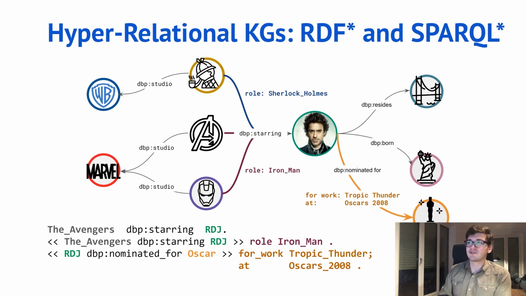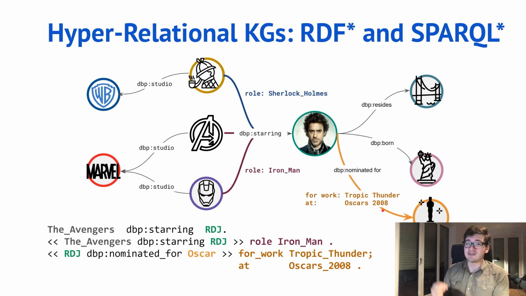So on the bigger picture, what RDF-star will allow us to do is to create more expressive knowledge graphs going away from triples. So here we can, for instance, assign more arguments, more attributes for what RDJ was nominated, and we can see that RDJ was nominated for the Academy Award for work Tropic Thunder in 2008.